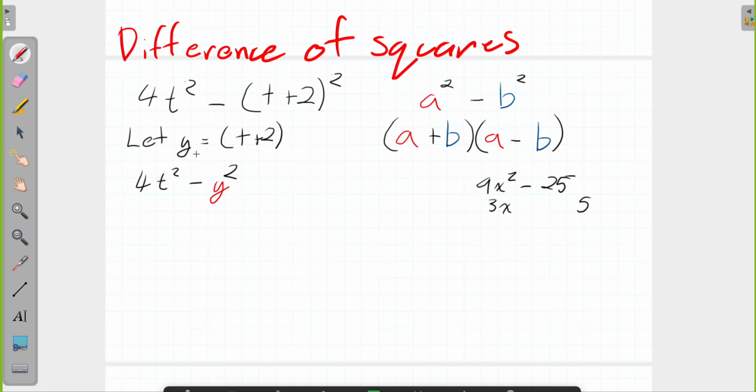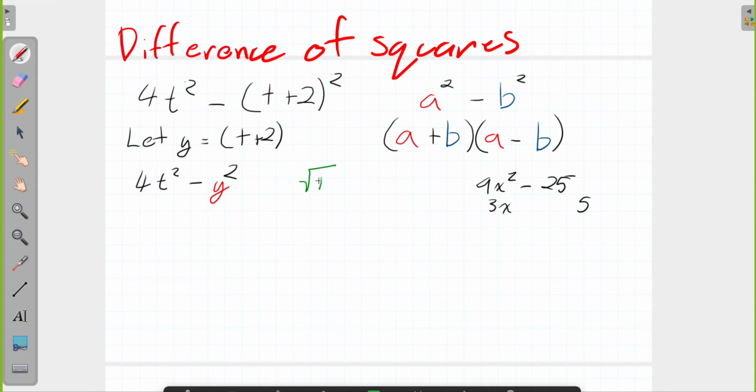Now this looks a lot more like what we have here. If you notice, 4t squared could essentially be our a, and y could essentially be our b. So I can really quickly find the square roots of these two things. I'm going to jump to the side here and put them in green.